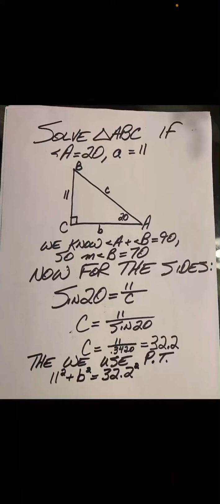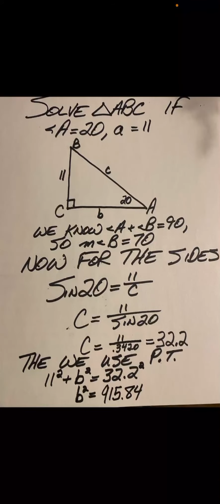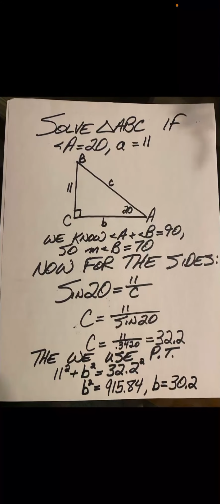I use the answer from before, and I got 32.2, so I'm just going to square all those numbers. I got some big numbers. I subtracted and got 915.84 for b squared, but I don't want b squared, I want regular b. And then I do the square root of that, and I got 30.2 inches or feet, whatever we want to call it.